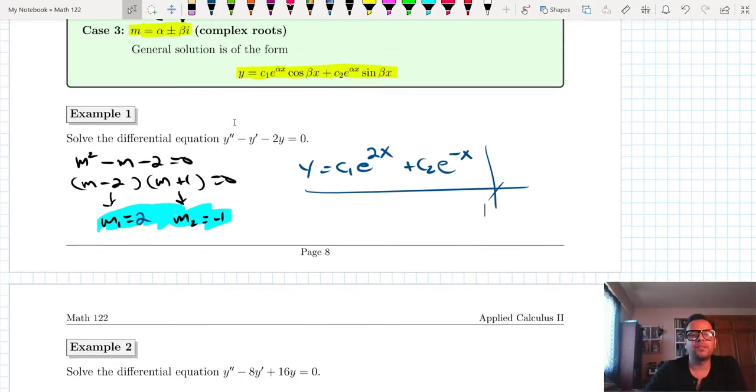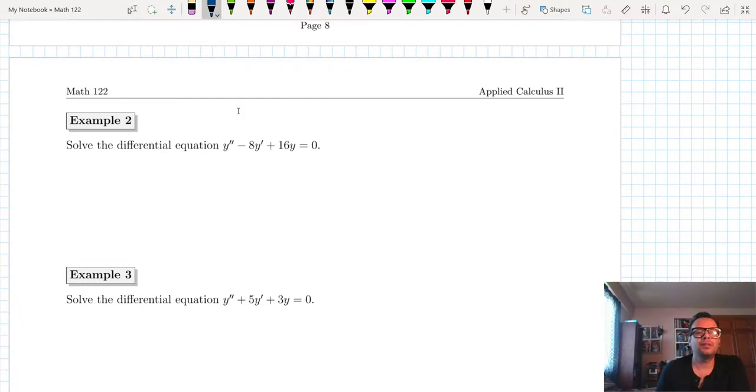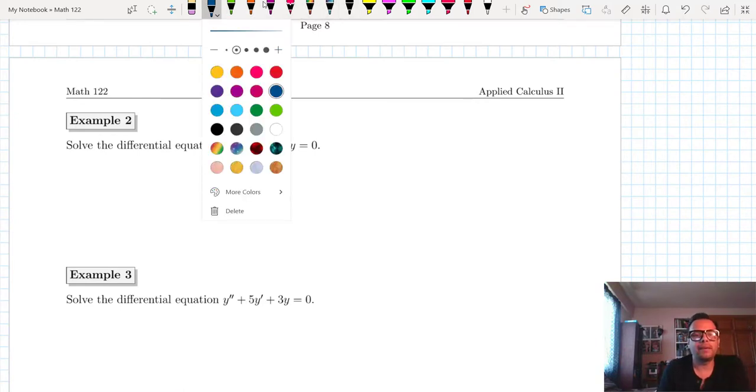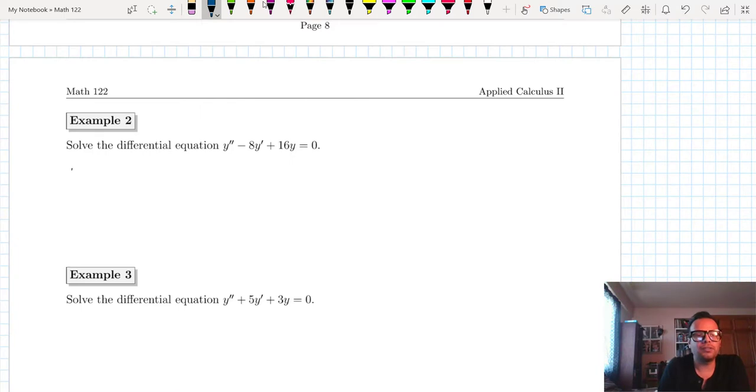Okay, so let's solve the differential equation y double prime minus 8y prime plus 16y equals 0. So we turn this into m squared minus 8m plus 16 equal to 0. Okay, so we can solve this by factoring again. So factors of 16 that add up to negative 8: negative 4 and negative 4.